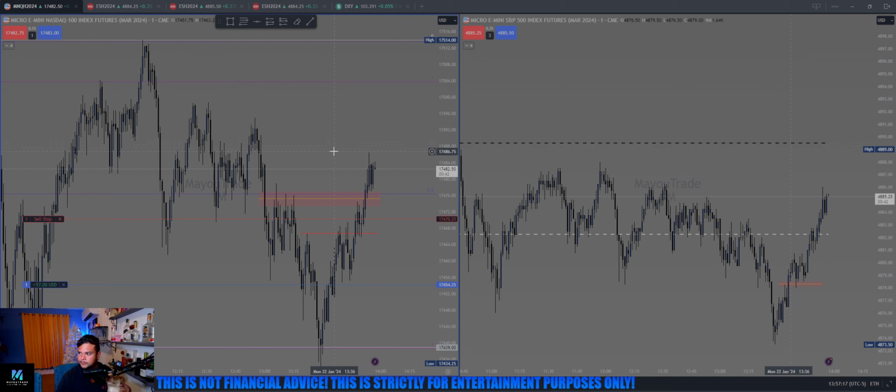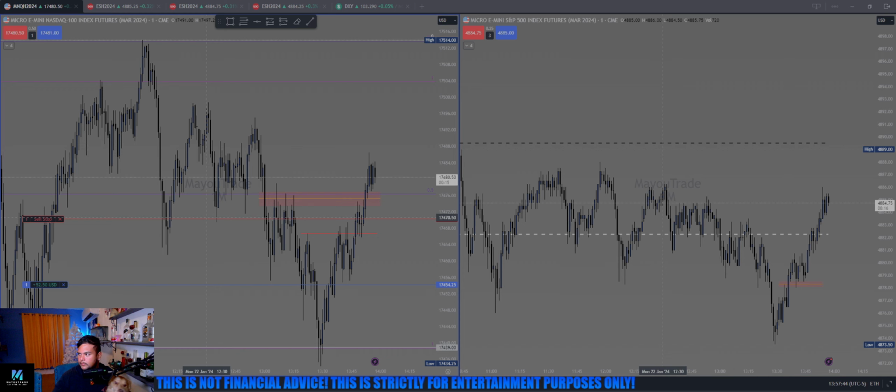I like that break on ES. It actually just retook that whole down 15-minute candle, and so did the Nasdaq as well. So really, if I'm playing my cards the way that I should, I might not, because I'm already in profit.